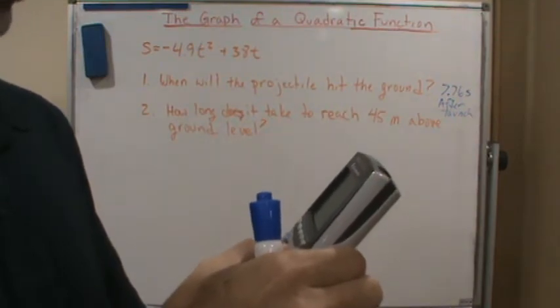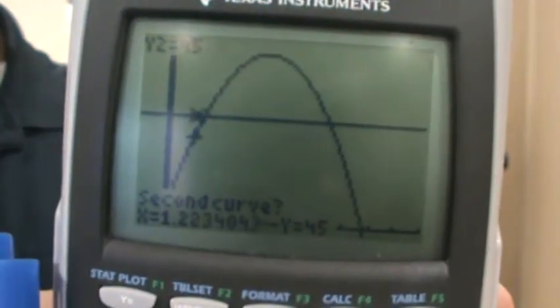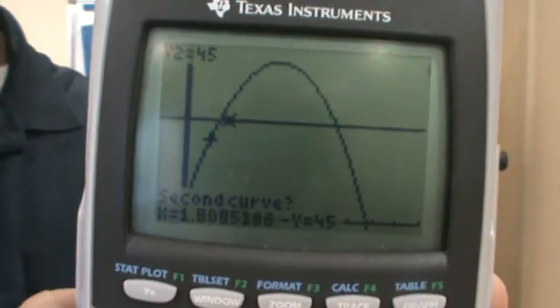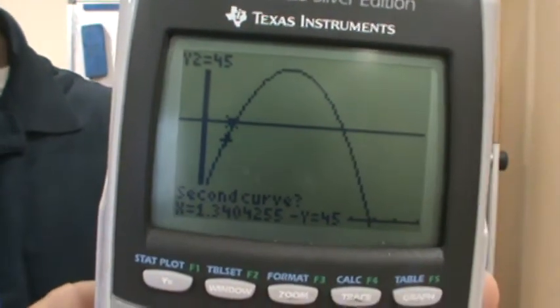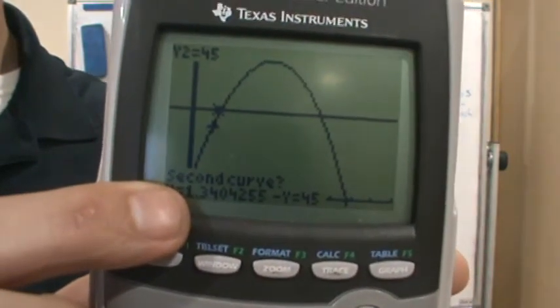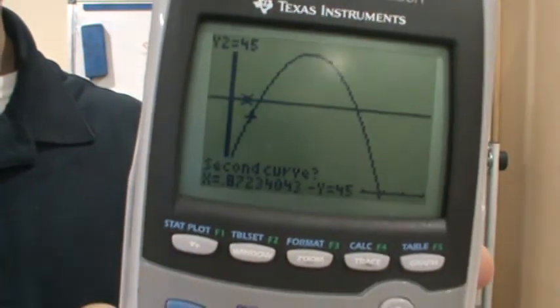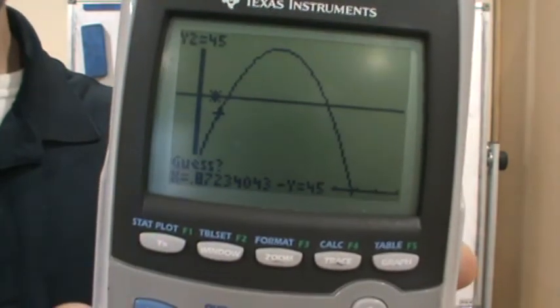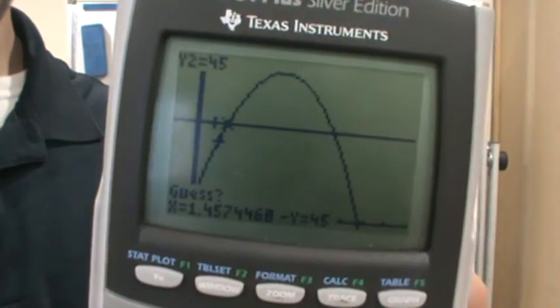Again, I'm going to put my cursor on the left, like so, and then hit enter, and then put my cursor on the second curve. It said first curve, now it's saying second curve. So I am on the second curve, so I'm going to hit yes. Now it's asking me for my guess. Where does it intersect? So let me guess right about there.